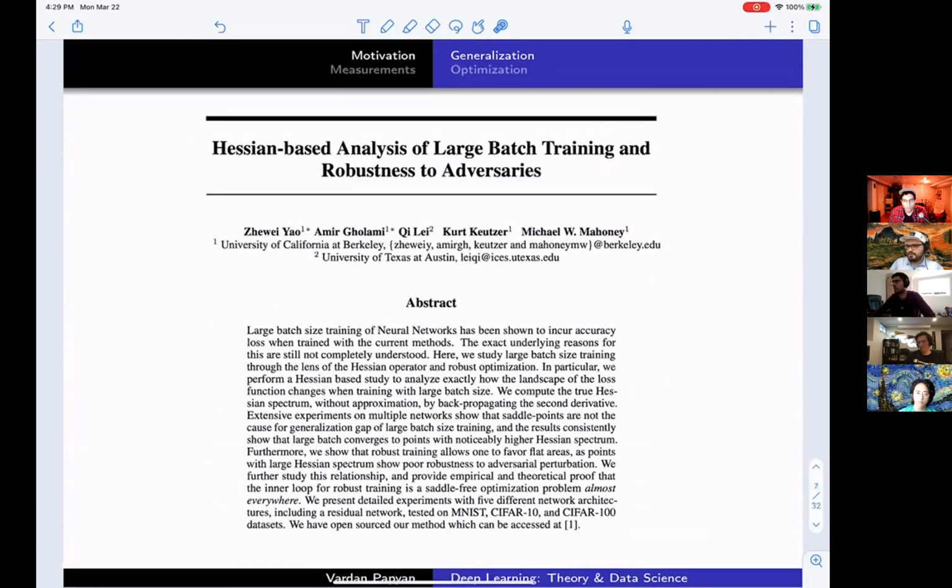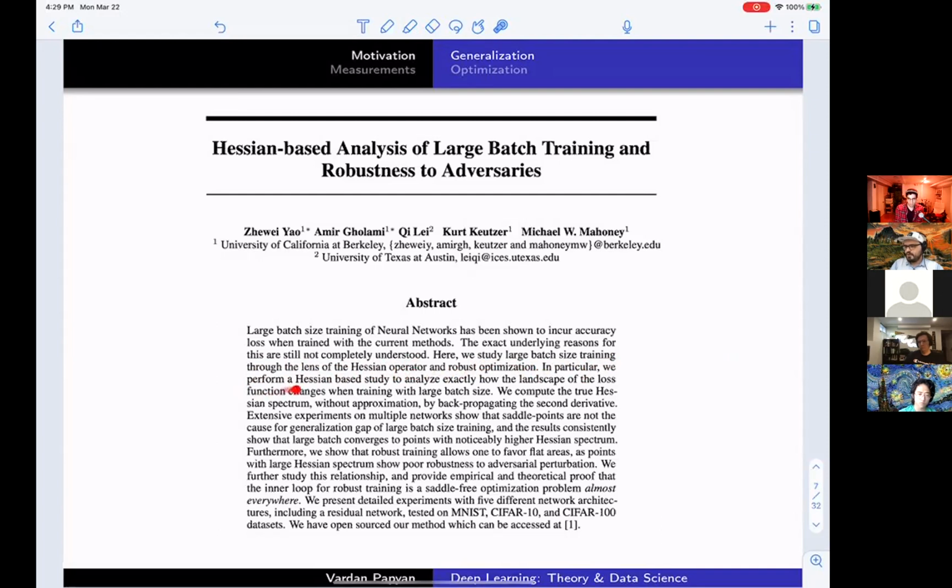Here's another paper. This paper is called Hessian-based Analysis of Large Batch Training and Robustness to Adversaries. What this paper says is large batch size training of neural networks has been shown to incur accuracy loss when trained with current methods. The exact underlying reason for this is still not completely understood. We study large batch size training through the lens of the Hessian operator and robust optimization.